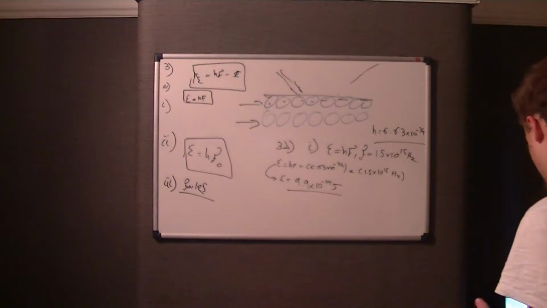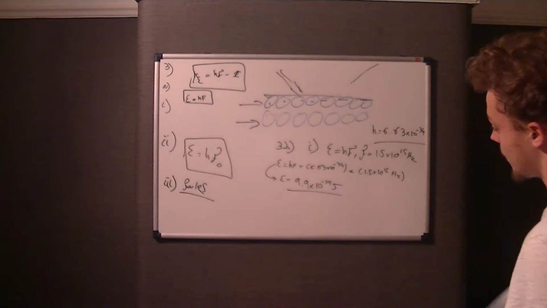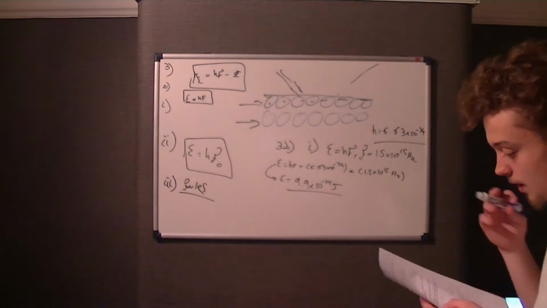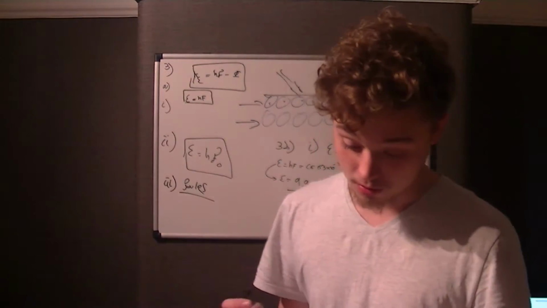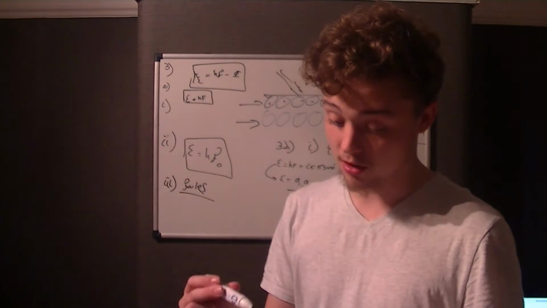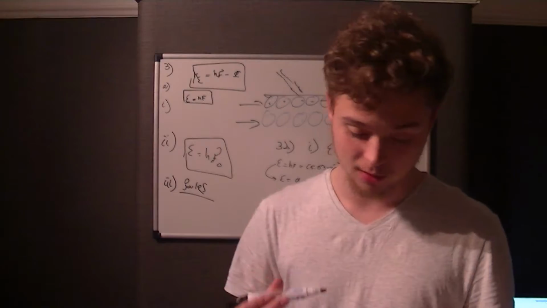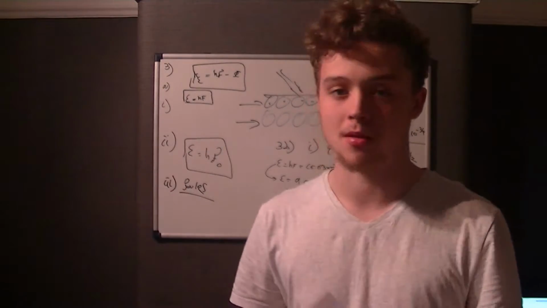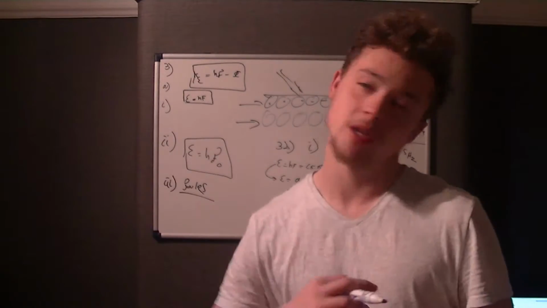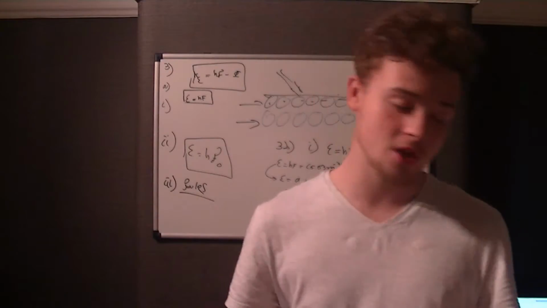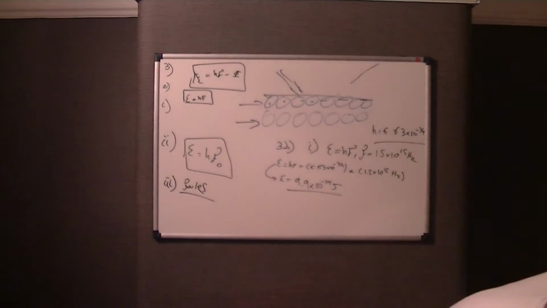3B part 2 goes on in a similar vein. However, it says calculate the number of photons incident per second on each square millimetre of the metal surface. And you go, what the hell does that mean? Well, just take a step back, because it's not an equation that we know, it's really just using logic.